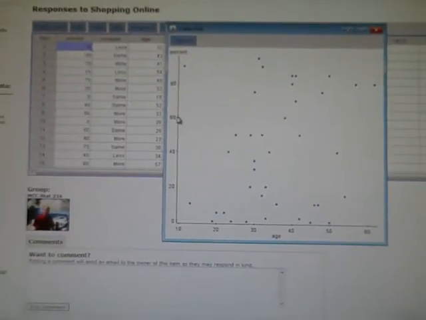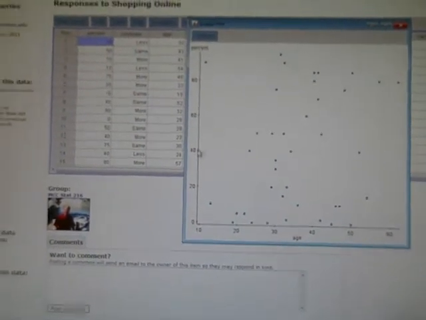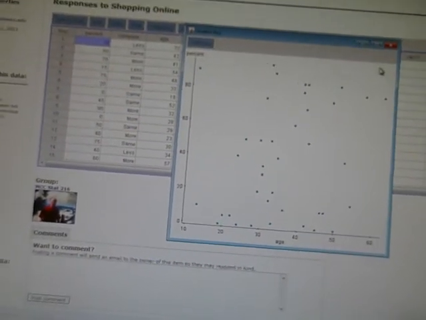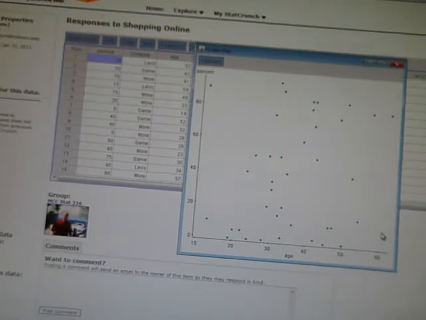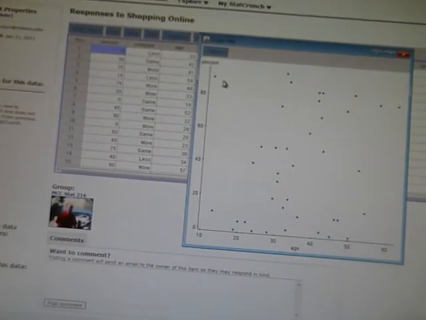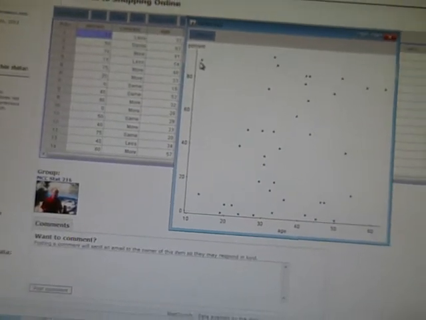Okay, we're going to create a graph here and see what happens. And there looks like kind of a cloud of points. There's a slight tendency to have more high values of y on the right end of the graph than there are on the left end of the graph. And what that tends to tell you is there's maybe a mild relationship between the age of the respondent and the percentage of shopping they plan to do online.